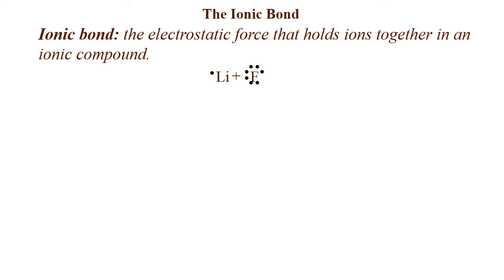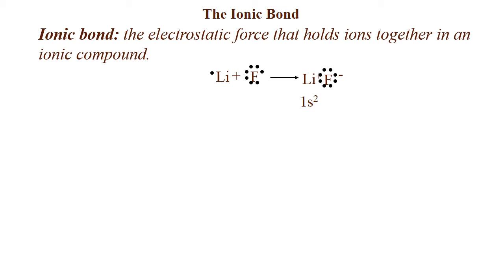So if I have lithium atom, I have fluorine atom, 1 electron on lithium, 7 electrons at neutral fluorine. You may have a lithium plus and fluorine minus when 1 electron jumps from Li to F.